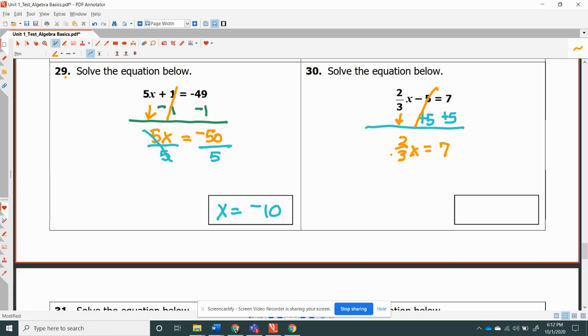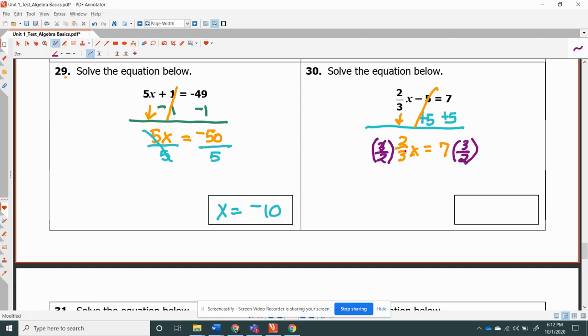Now I can multiply by the reciprocal of 2/3, or I could multiply both sides by 3 and then divide by 2 at the end. I think I'm going to multiply everything by 3/2, the reciprocal, because the idea is to make this equal 1. So I'll do that here as well.